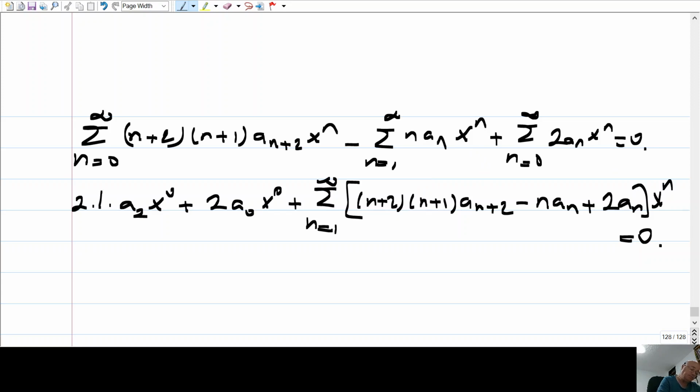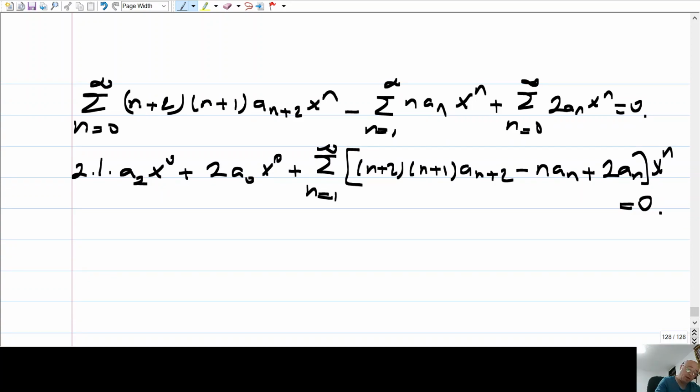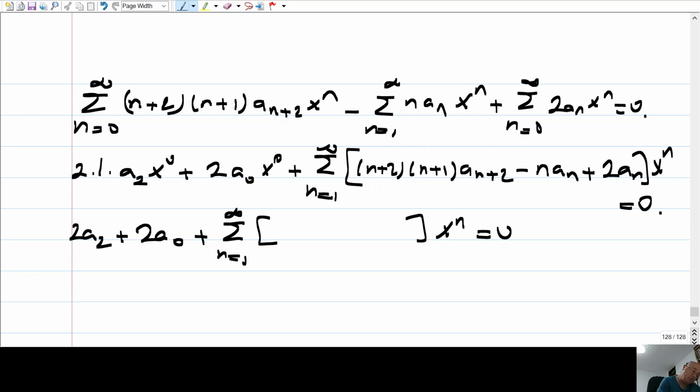Alright. I have a power series. This is the constant term, namely 2a2 plus 2a0, plus, and then I have this summation term equals 0, right? This thing here.